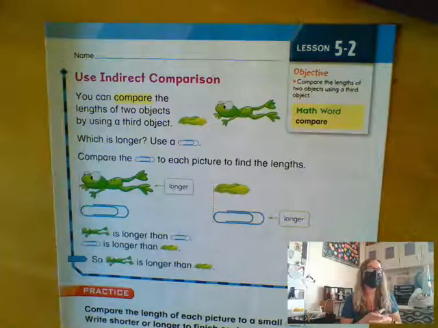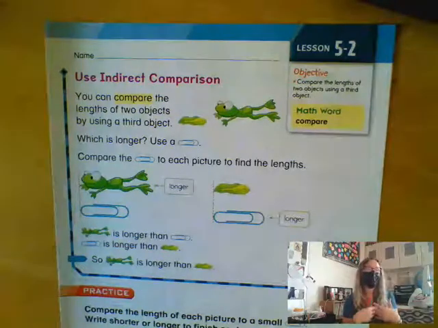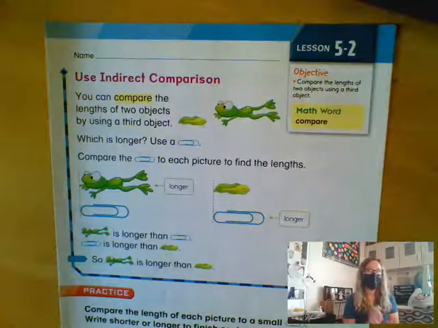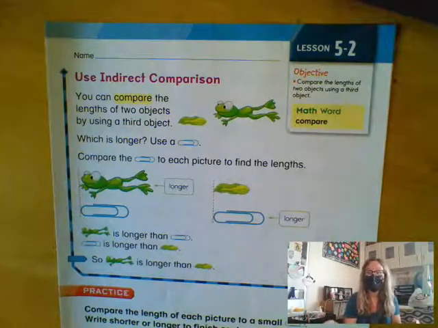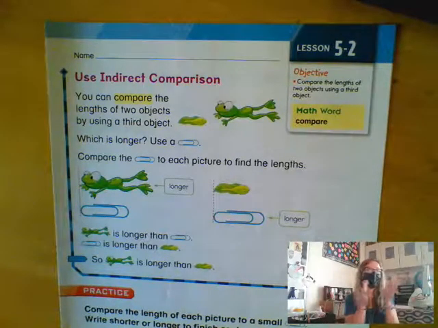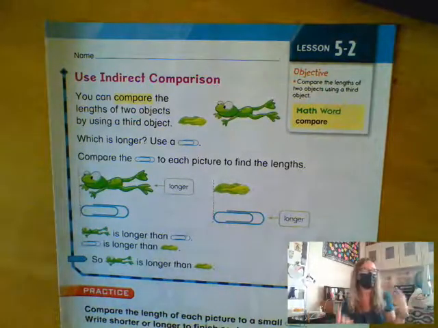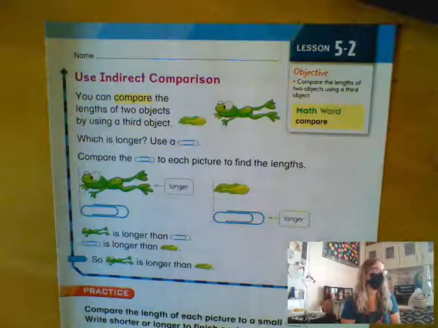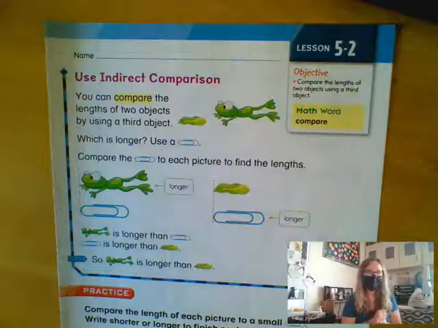We discussed the fact that if we were to use our feet to measure, well, my feet are much bigger than many of your feet. So if I were to say I need a rug that is 5 feet long, 5 of your feet would be much smaller than 5 of my feet. So it's not practical to use our body parts. So we talked about how we have to use the same units of measurement.